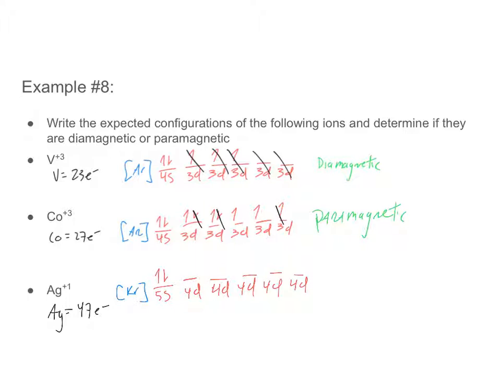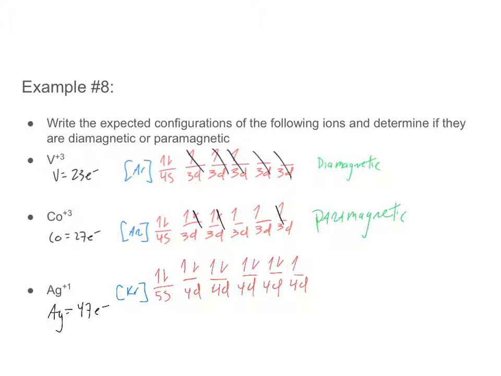And then because of where silver's at, let's see, 1, 2, 3, 4, 5, 6, 7, 8, 9. So that's 9 electrons. So arrow up, arrow up, arrow up, arrow up, arrow up, arrow down, arrow down, arrow down, arrow down, arrow down.